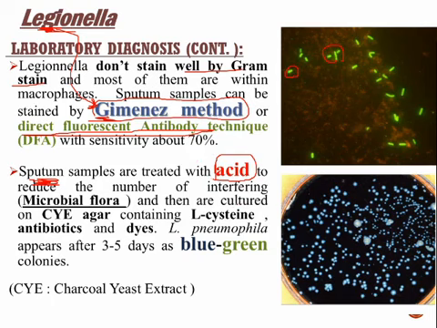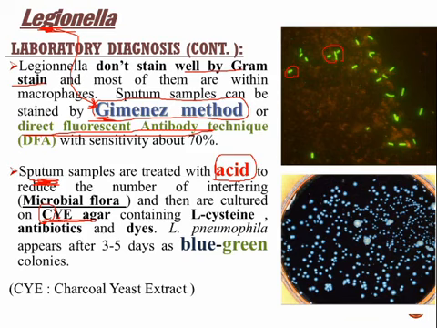Then you culture the sample on CYE agar, short for charcoal yeast extract agar. Charcoal functions as an inhibitor of toxins. When Legionella grows, it produces toxins that, when they accumulate, might inhibit its growth, so the charcoal inhibits the activity of these toxins.